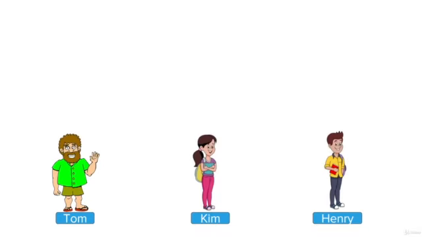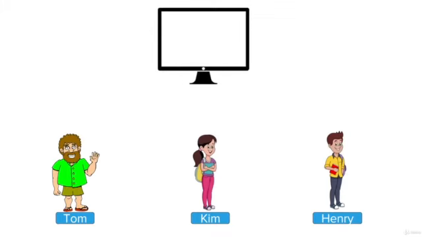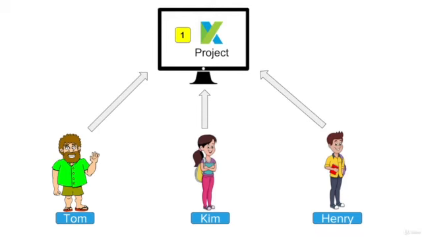There is another solution. They can use a common machine. So, they will put a single copy of their project on a common machine. It can be a remote machine or an on-premises machine, and then every one of the team members will log into this machine to work on the project. Now, this approach has some other sets of challenges.